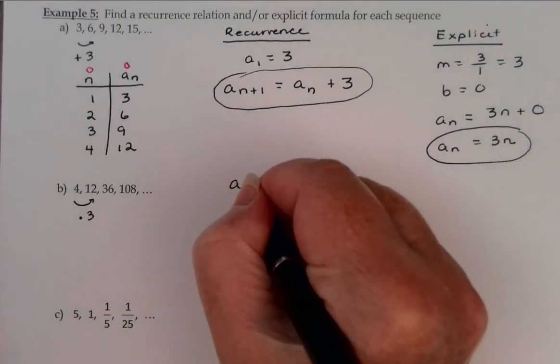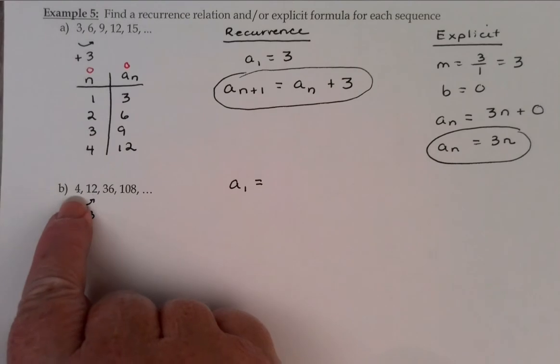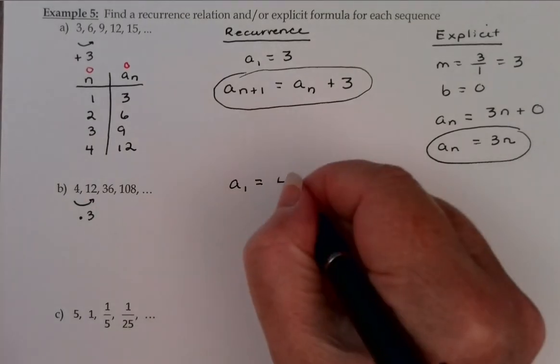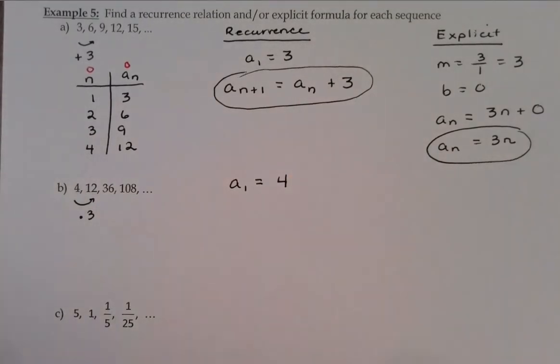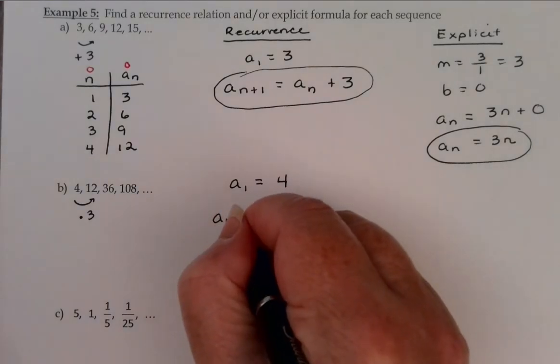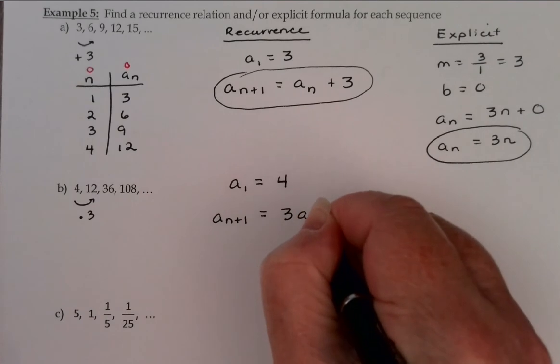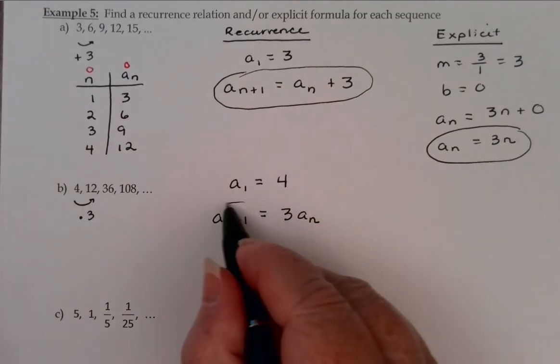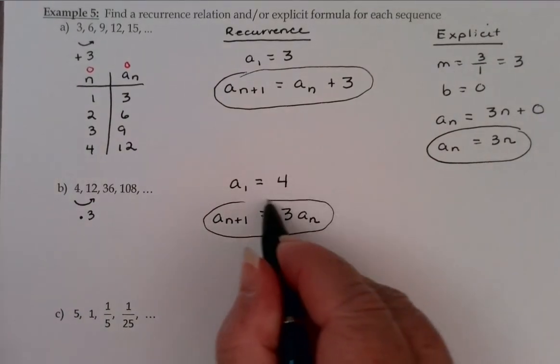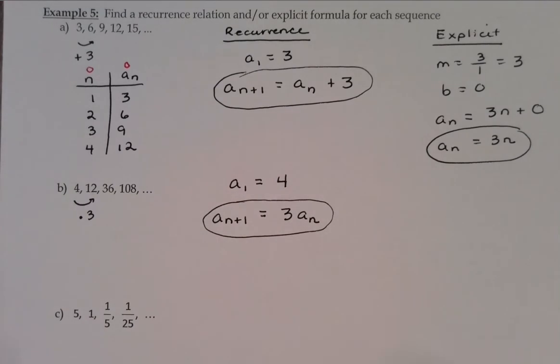Again, I have to give you somewhere to start, so I'm going to tell you the first term. A1 is 4. And then A sub n plus 1 is 3 times A sub n. All right, what about an explicit function?